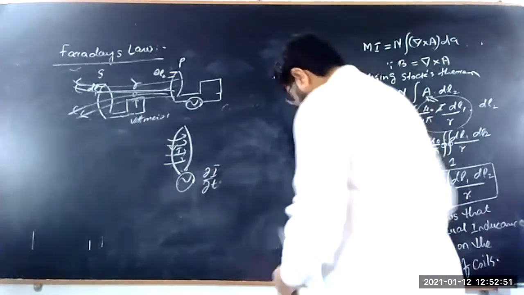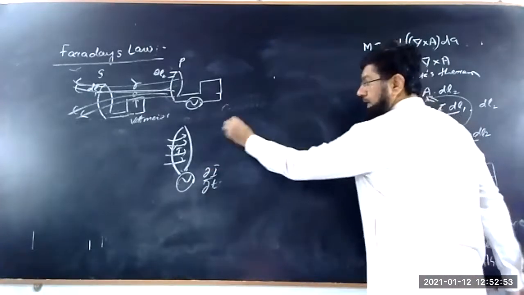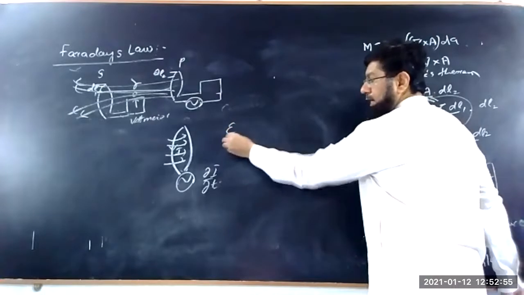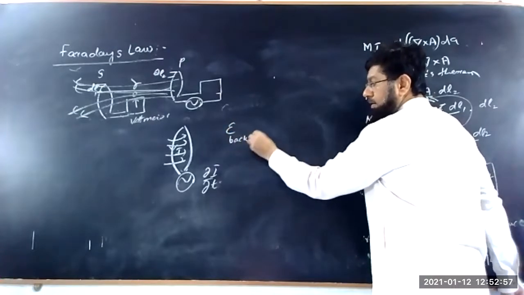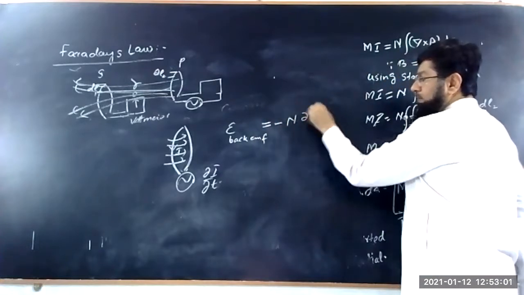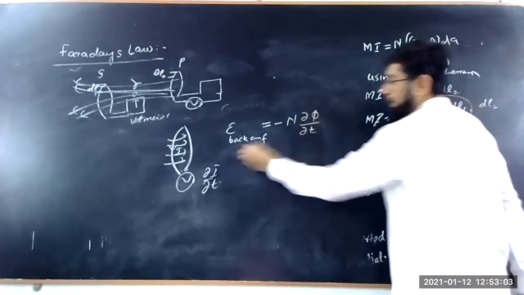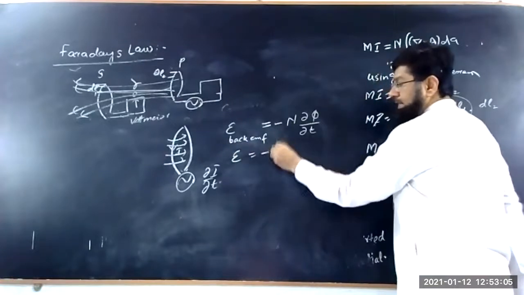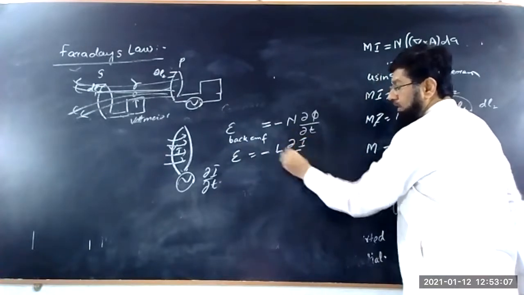So we can write the EMF, which we call a back EMF, is equal to minus N d phi over dt, or EMF is equal to minus L di over dt.